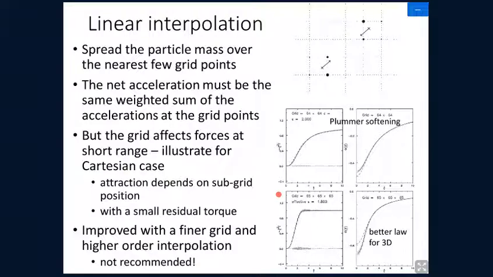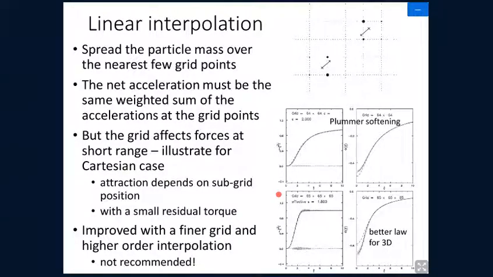And those are chosen to be biased by the weights of each particle. And the corner that gets the most mass is the closest corner, obviously.